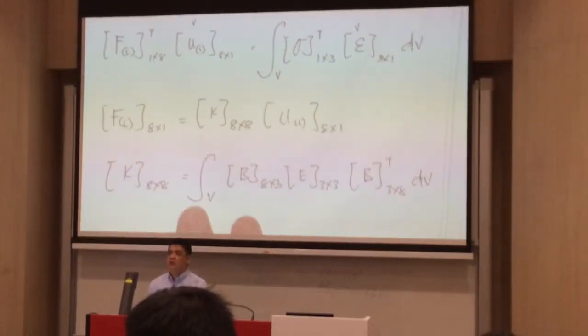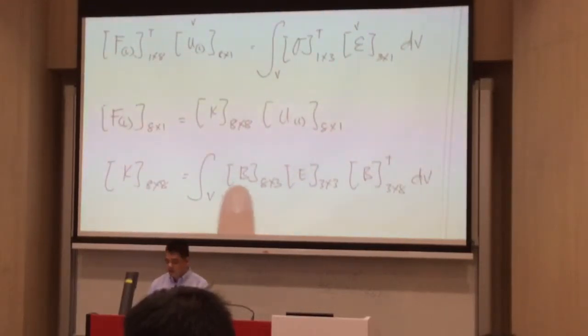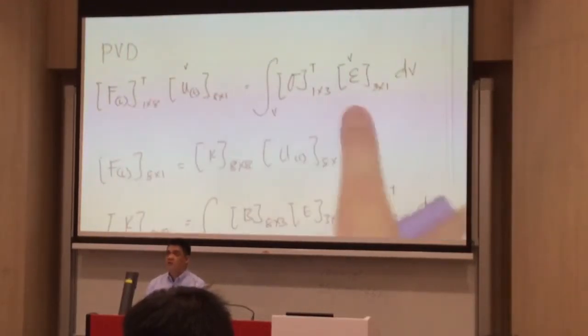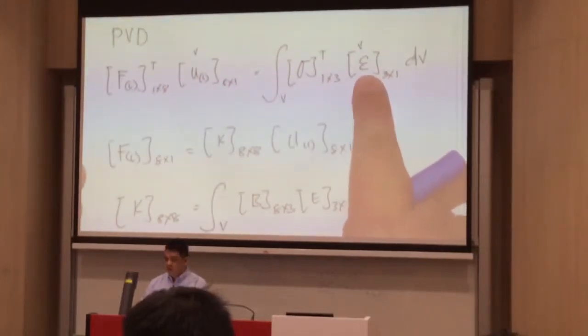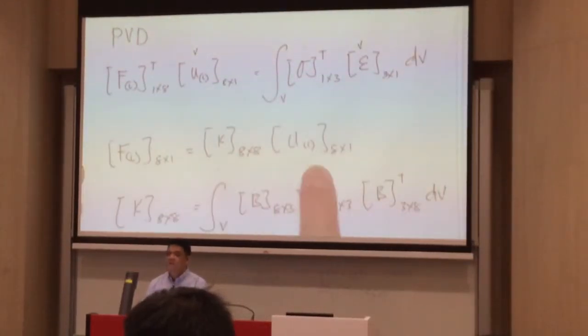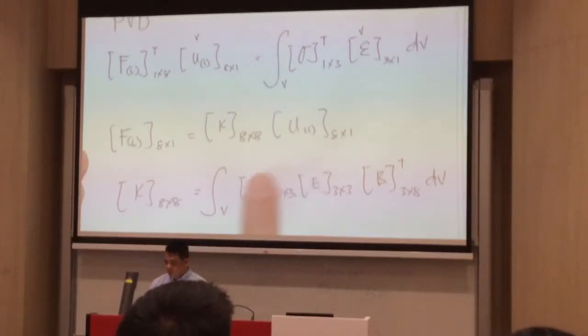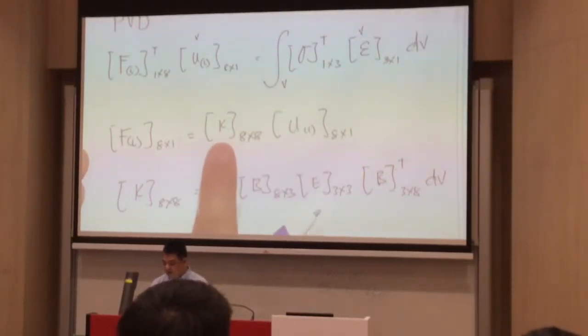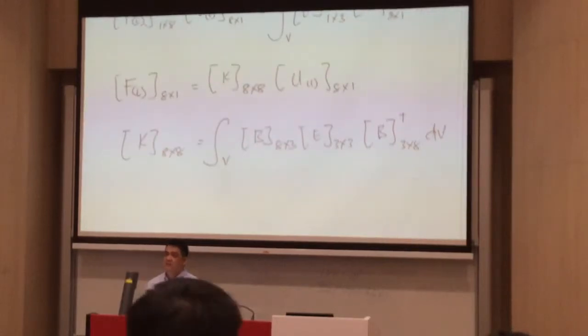So this is what we're going to take from this one. Starting from this one, we will get an expression for this one, and then we will be able to get an expression for your stiffness matrix to be this one here.